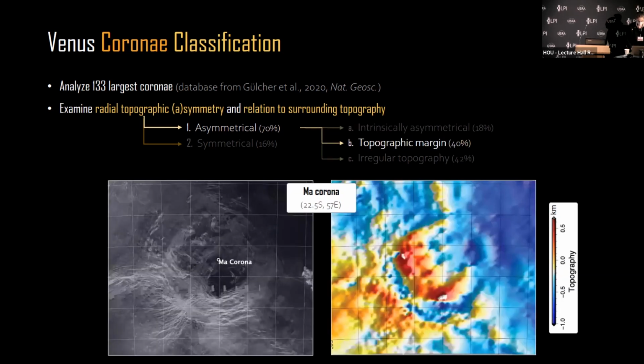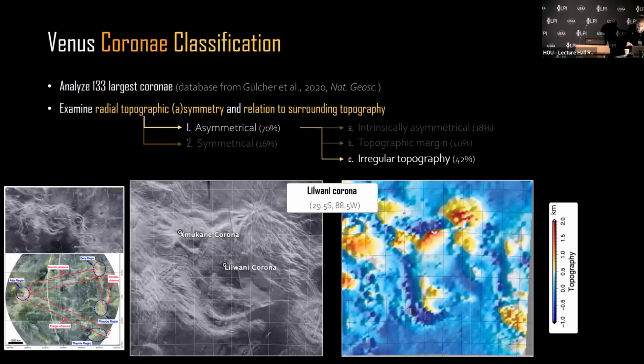So we found that a lot of coronae are actually situated along a topographic margin, so that part of the corona is bounded by a plateau that is higher in terms of topography. And then there are also a lot of coronae, next slide, that are very irregular and occur in clusters, and most of these coronae are actually situated in these chasmata rifting-like zones, like shown here. So next slide, please.